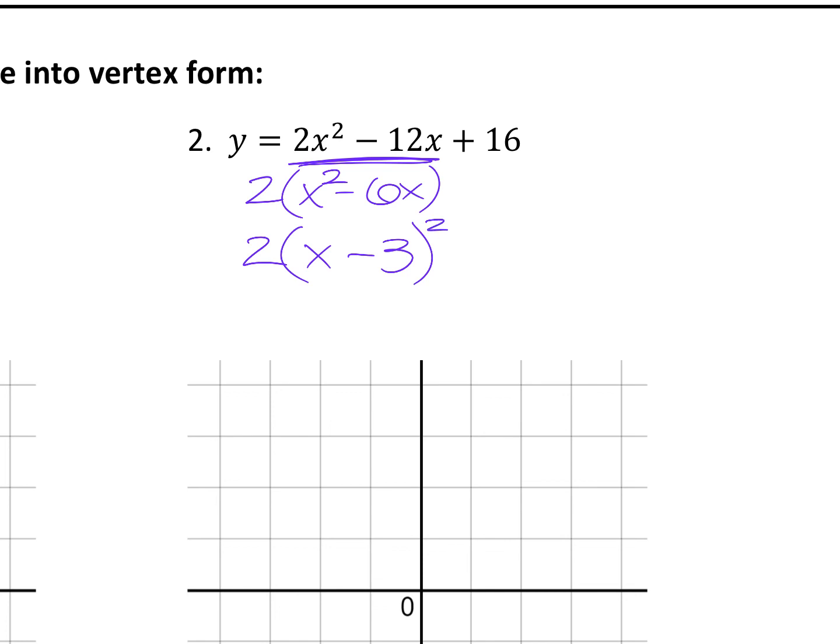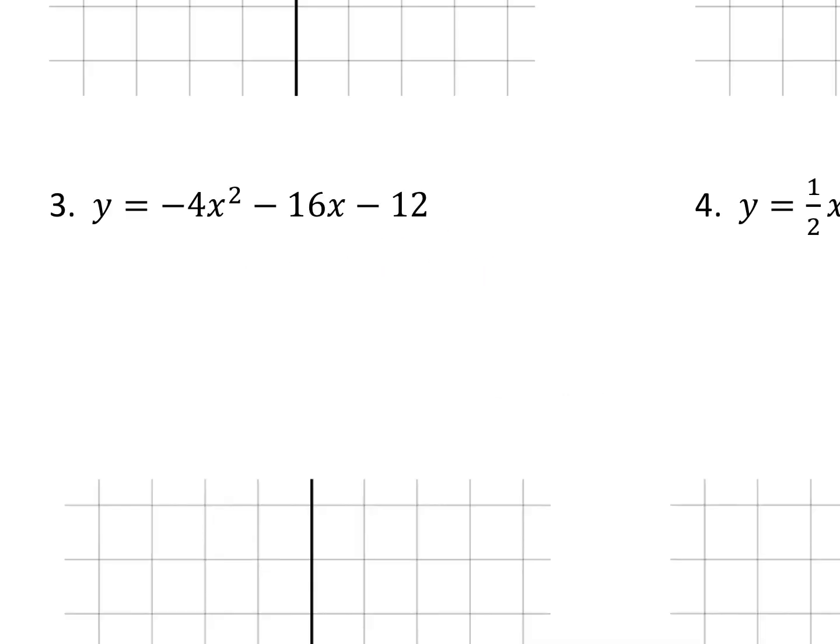Remember how we were always saying that's going to be a 9? Well, now that's not just a 9. It's an 18. So if it's an 18 and I need to make it a 16, what do I have to do? Minus 2. Let's look at this one. If I'm focused here, what am I factoring out? Negative 4, which leaves me x squared plus 4x.